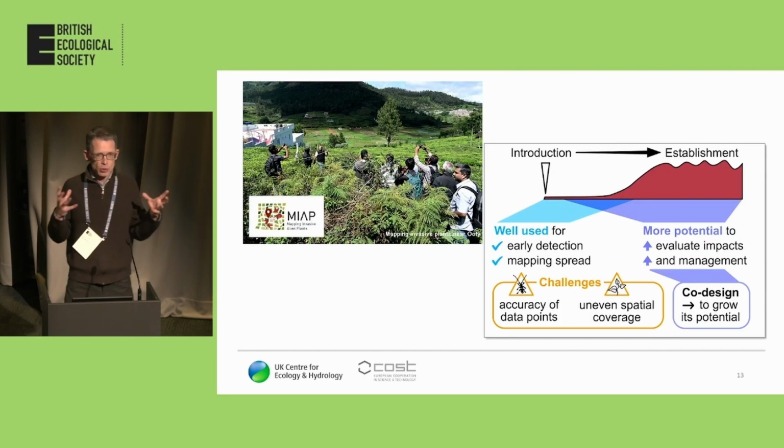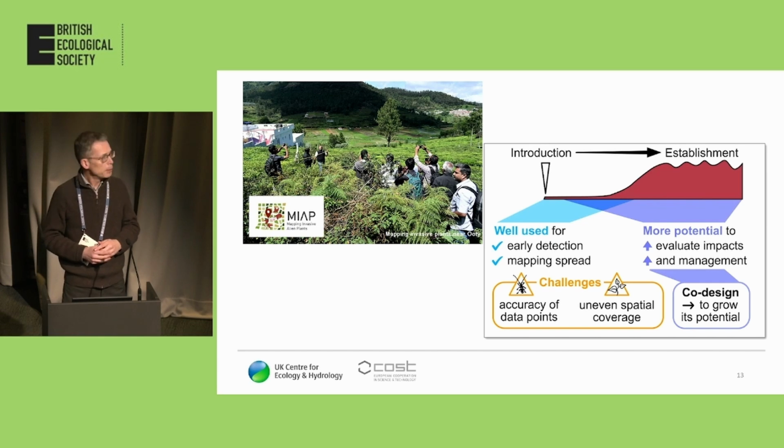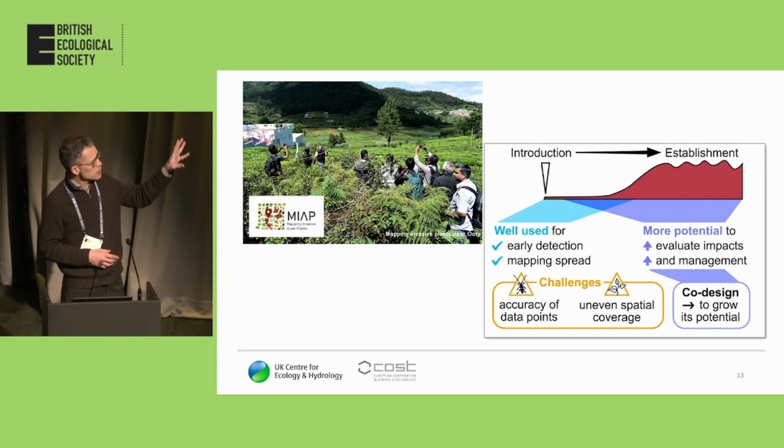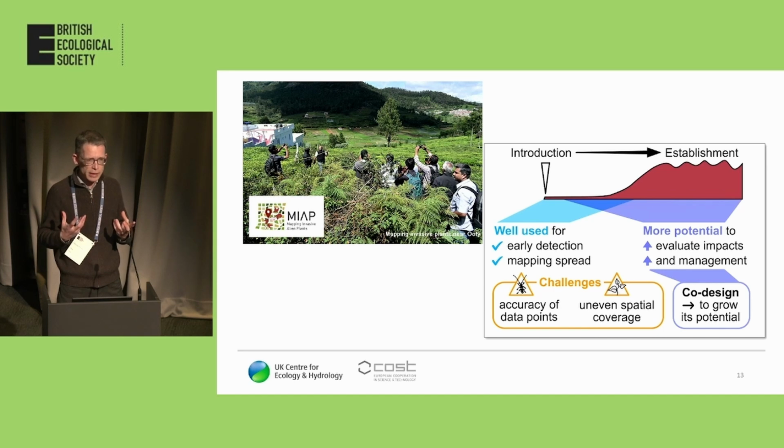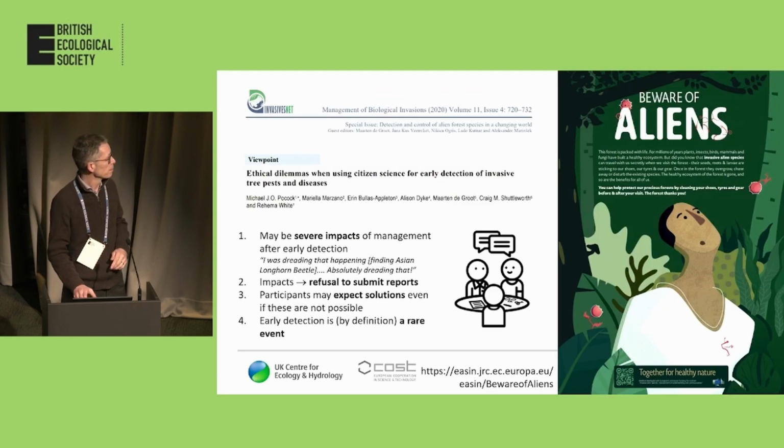And although I've talked quite a lot in the context of Europe, there is potential to use this across the world. The Mapping Invasive Alien Plants project takes place in India. And this shows the importance of co-design: engaging deeply with the audiences who may be involved in order to design citizen science that is fit for purpose.